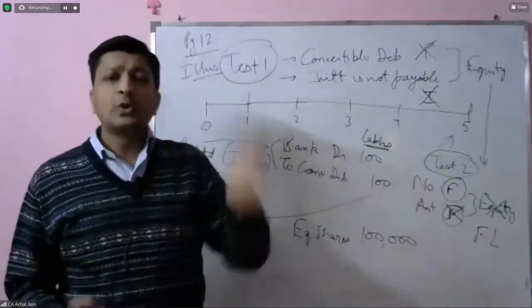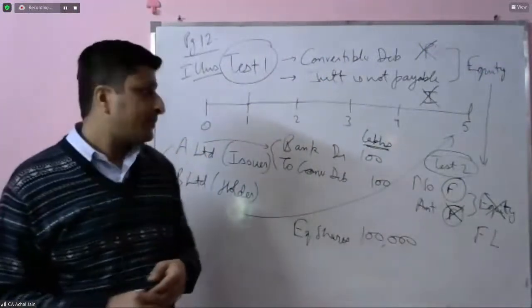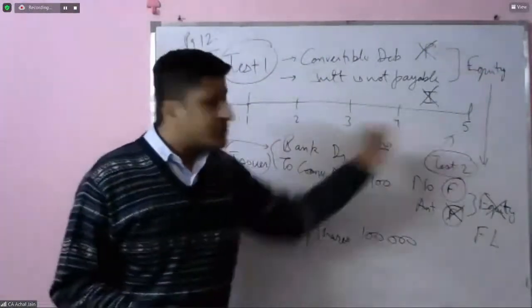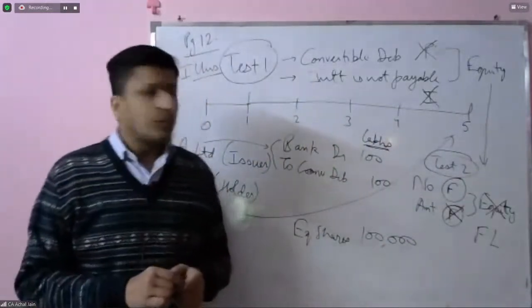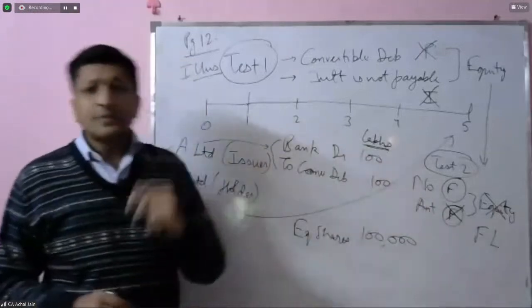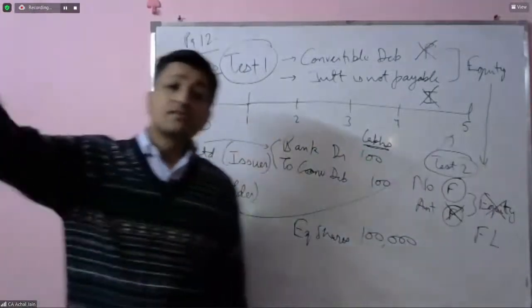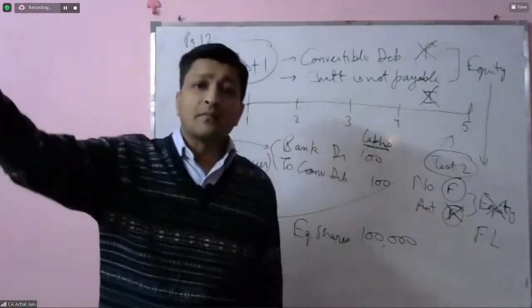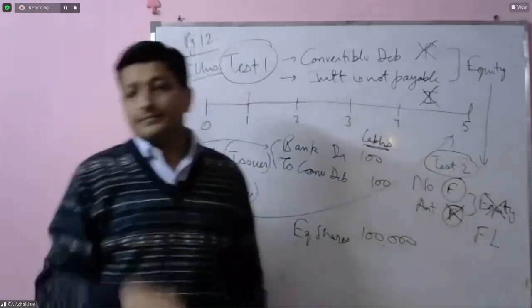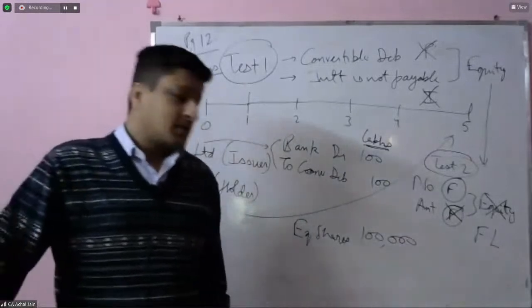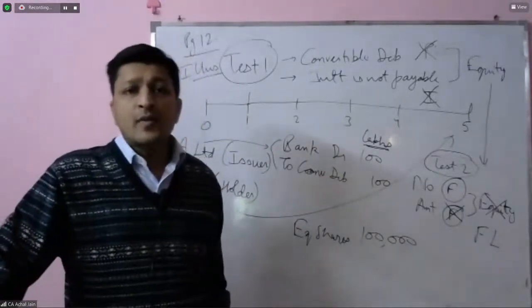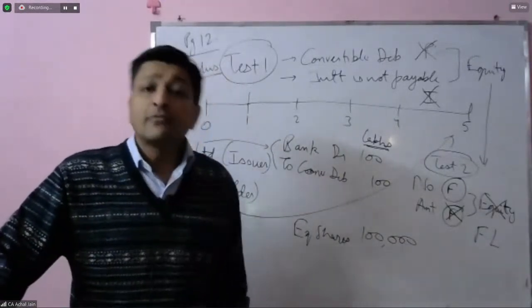Neither the principal nor the interest is required to be paid, and that will not change even at the end of the 5th year. They will be required to be paid only at the time of settlement. Still, you are calling this a financial liability. Why do we do that?